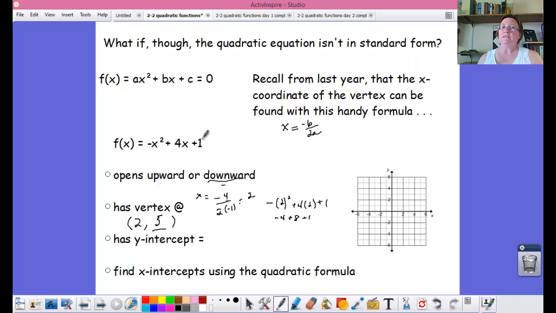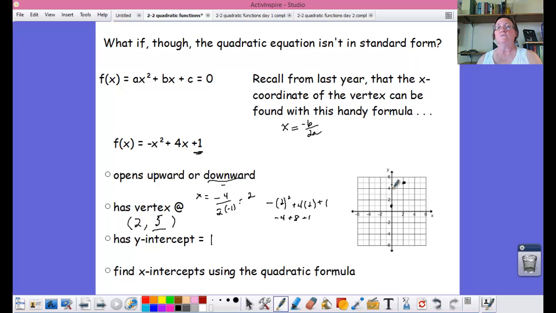And the y-intercept, that's one thing I like about this format. We know that it's 1. It crosses the y-axis at 1. So there's the intercept. The vertex is at 2, 5, so up here. We are opening downward, and it says that we can find the x-intercepts using the quadratic formula, and we can, but folks, I think that we can do a pretty good guesstimate of this graph just by using the symmetry.